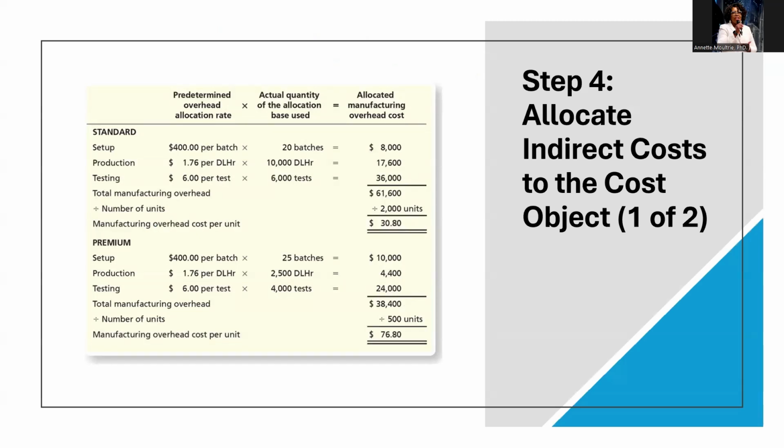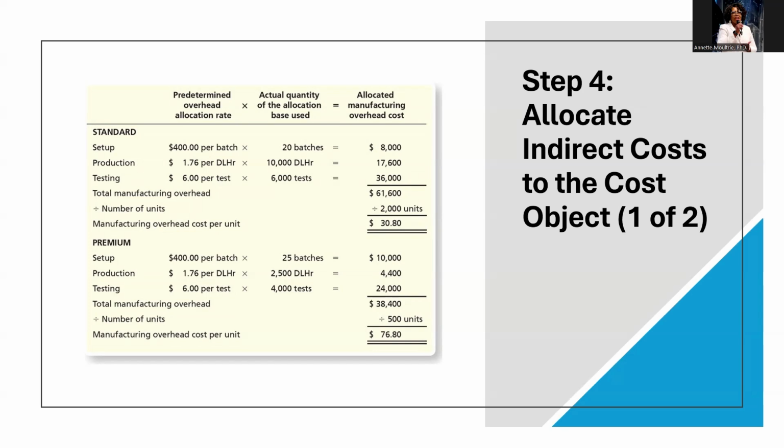Now we're into step 4, allocate indirect cost to the cost object. In this step of the activity-based costing system, indirect costs are assigned to the standard model based on the actual usage of each activity's allocation base. To do this, you first determine the quantity of the allocation base used for each activity.